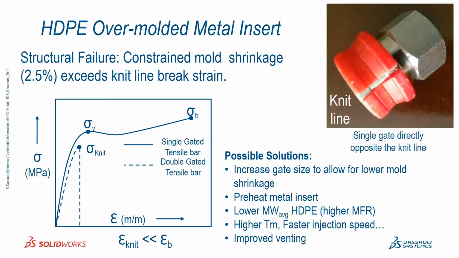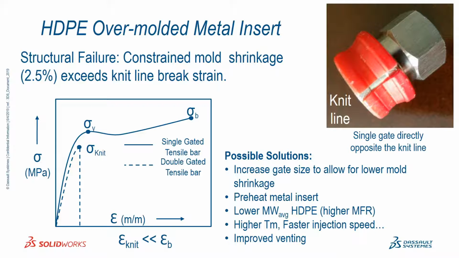Another issue relates to insert molding. The part on the top right is a compressed air fitting. It has an HDPE overmold to give it a more ergonomic feel. It's gated on the back side, directly opposite of where the crack is, and that crack is a catastrophic failure.